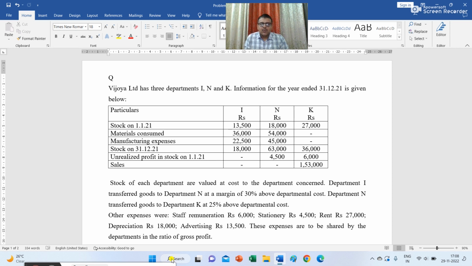Other expenses were staff remuneration rupees 6,000, stationery rupees 4,500, rent rupees 27,000, depreciation rupees 18,000, advertising rupees 13,500. These expenses are to be shared by the departments in the ratio of gross profit.